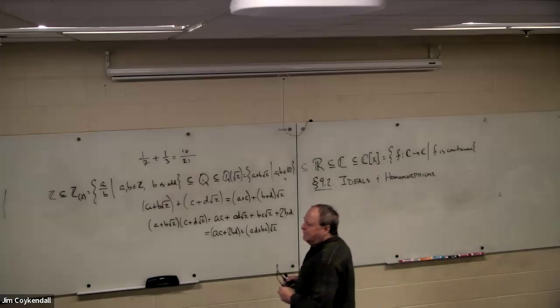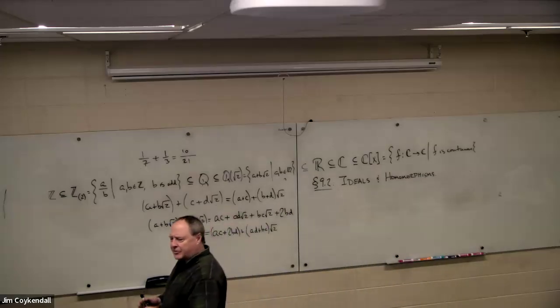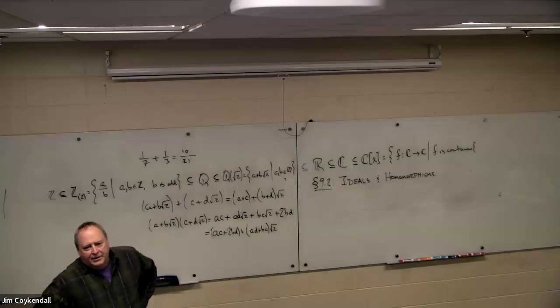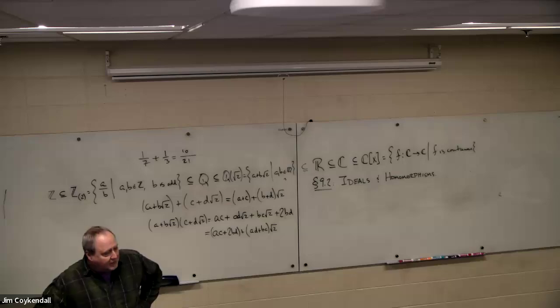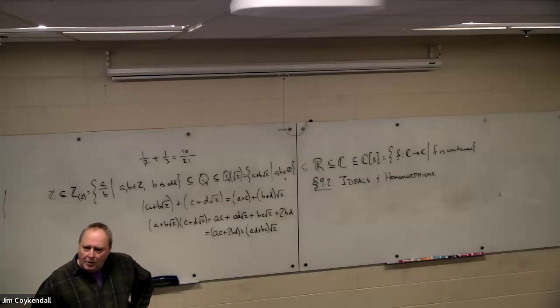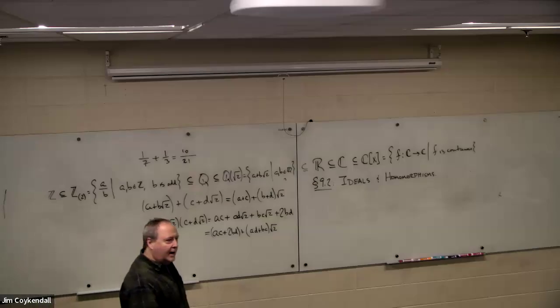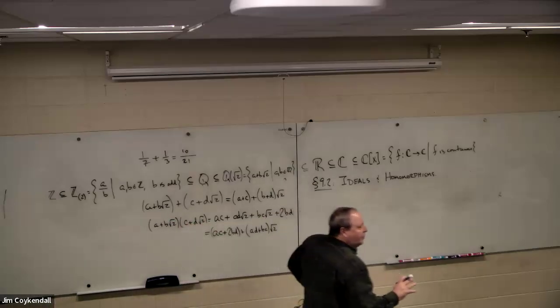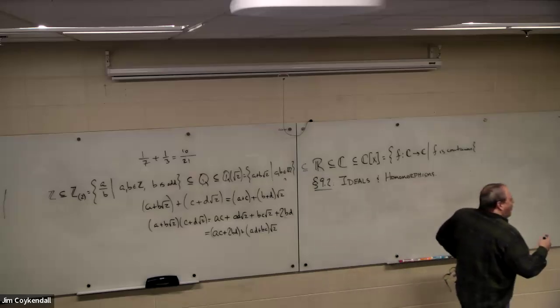But you know what? There were some subgroups that were better than others. Anybody remember what's the special kind of subgroup that probably got more attention and significance? The normal ones, right? The normal ones had a little extra condition: they were preserved under conjugation.